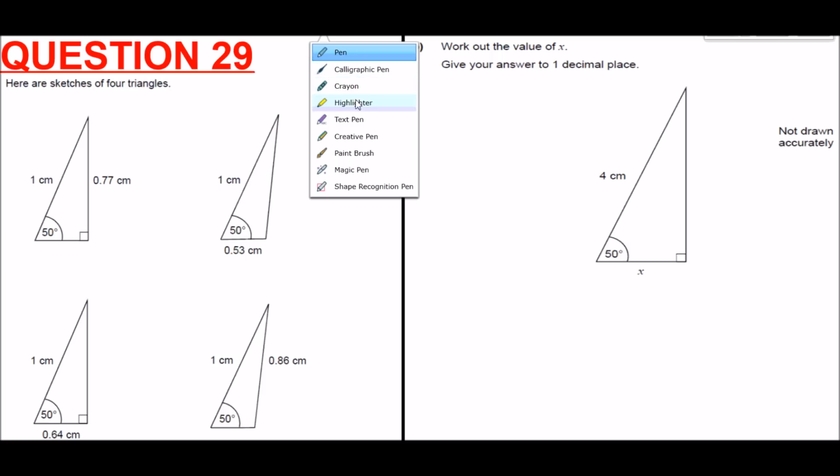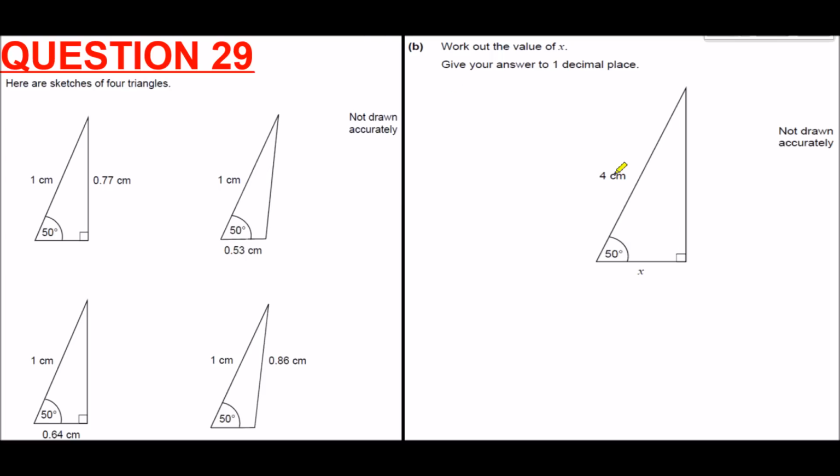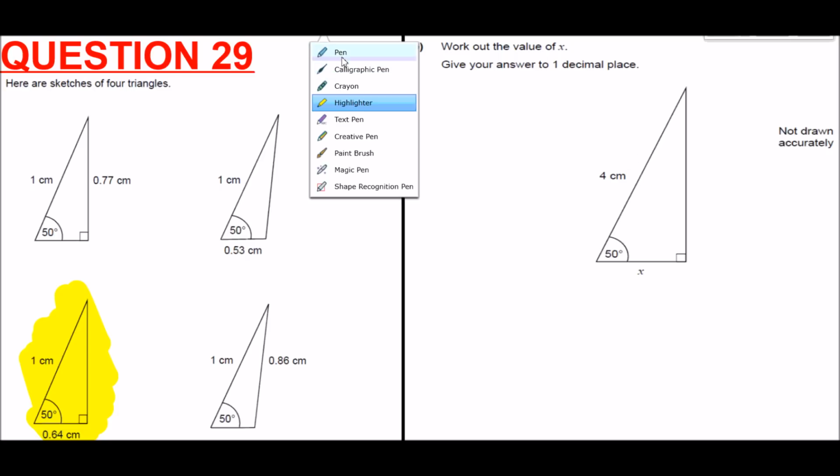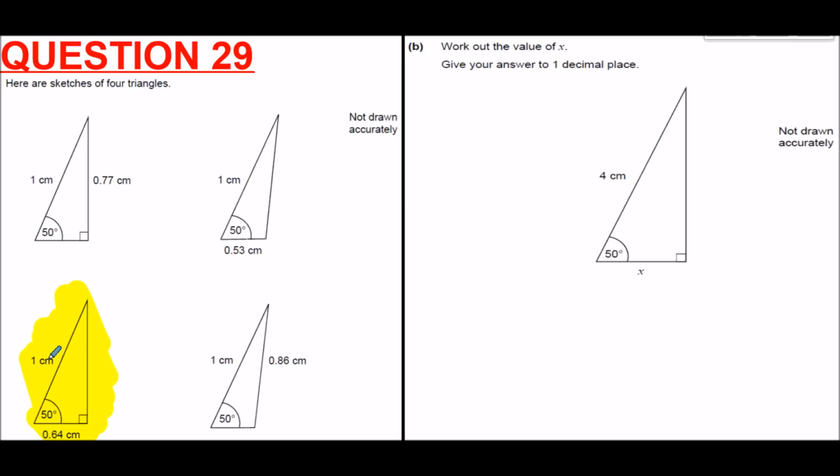So what we need to look at is which triangle this corresponds to. So 4, it's got a right angle and a 50-degree angle, so it's going to correspond to this triangle over here. Because we want to work out x, which is the bottom side. This triangle over here, importantly, is similar to this one. What side do we know on each? We know the hypotenuse on each.